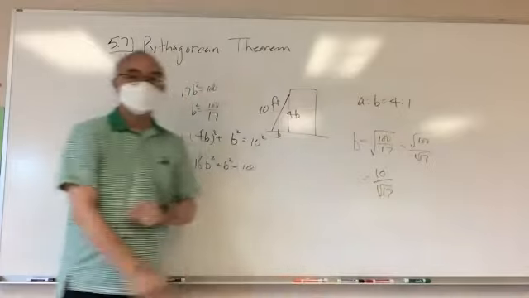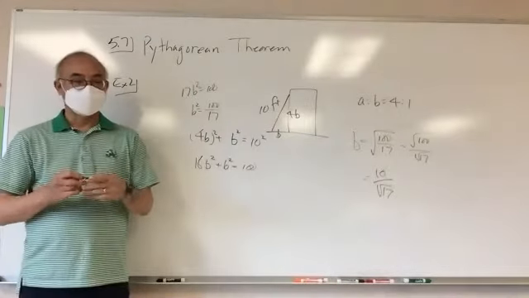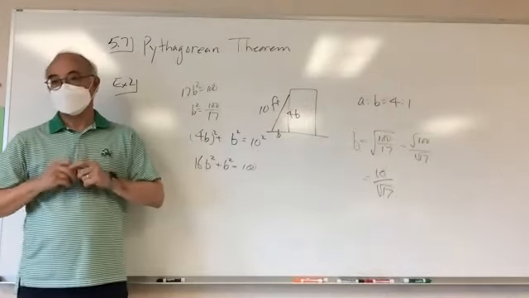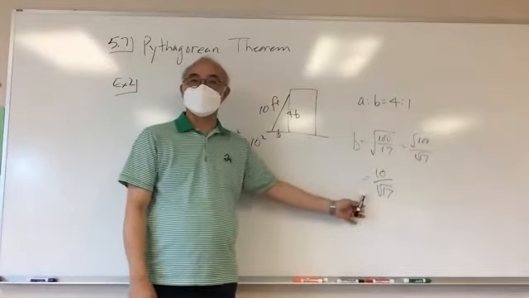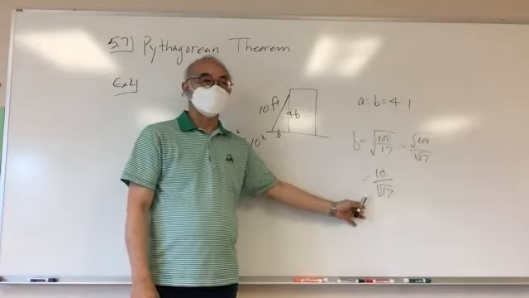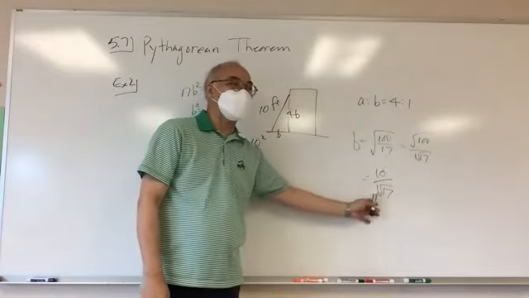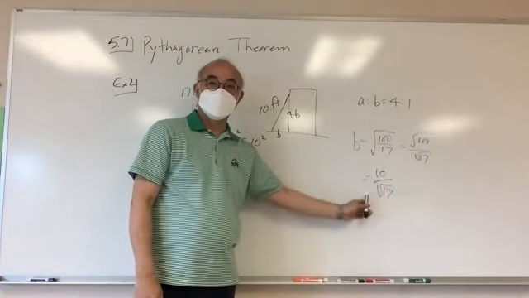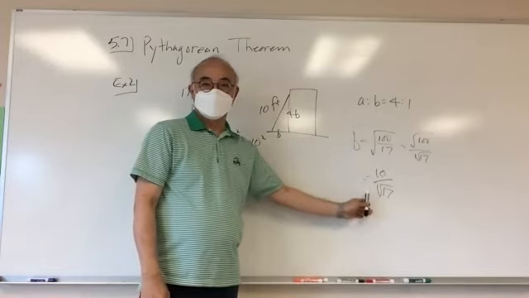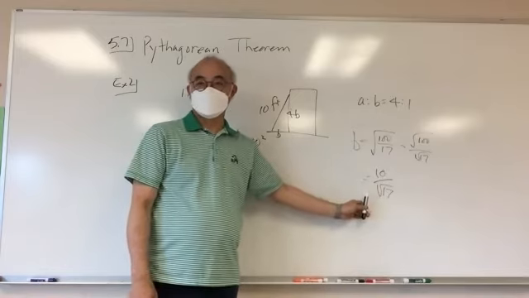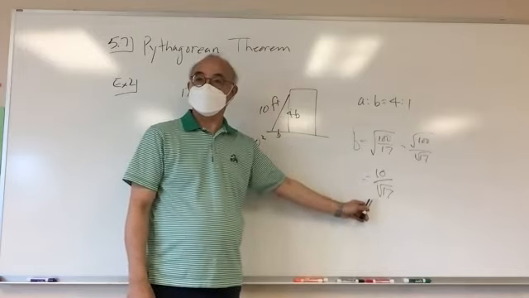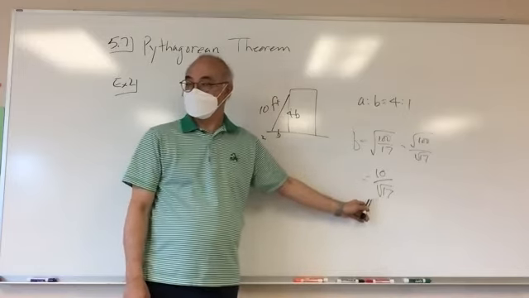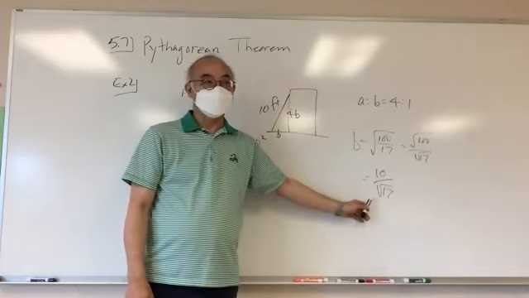In algebra, you guys were taught not to leave it this way, correct? You were taught not to have a radical on the bottom. Okay? I'm going to teach you now, in my classroom, this is perfectly acceptable. You can stop here. Okay?